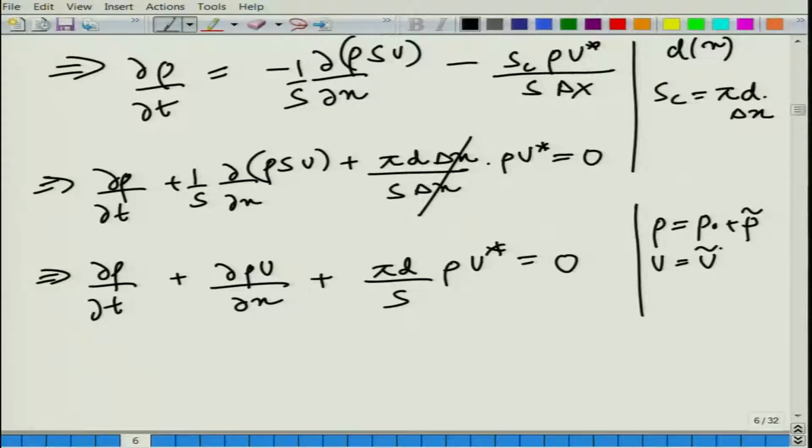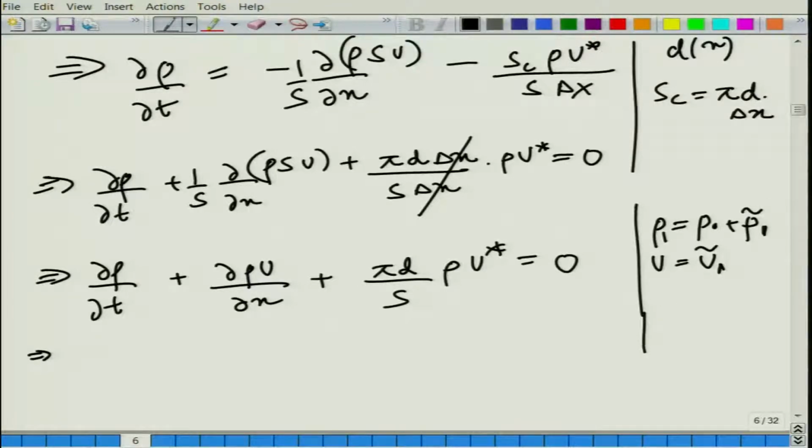So, u is also u star, and we can actually do one thing straight away. This is rho 1, because this pertains to medium 1 and there is no mean flow in the duct.